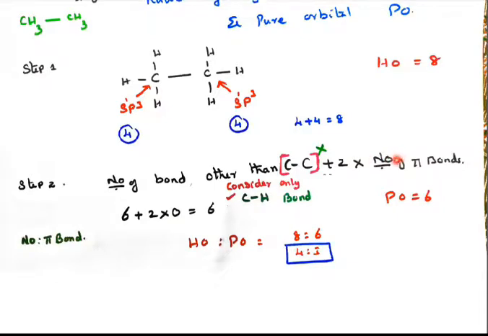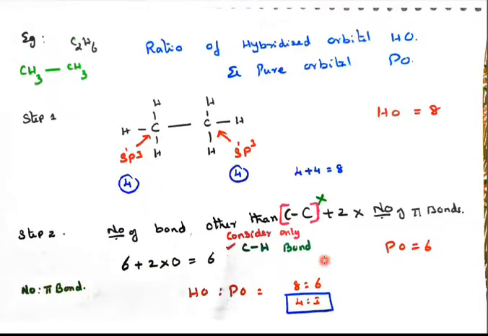Pi bond means double bond, so there is no pi bond at all here. The number of pi bonds is 0, so 6 plus 2 into 0 comes to 6. So the hybridized orbitals are 8 and the pure orbitals are 6. So the ratio is 4:3.